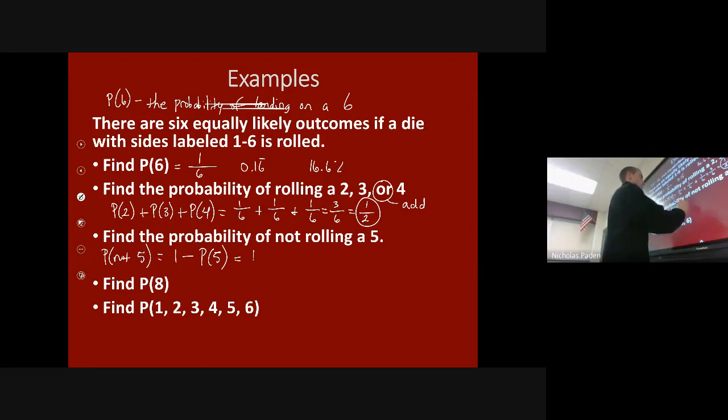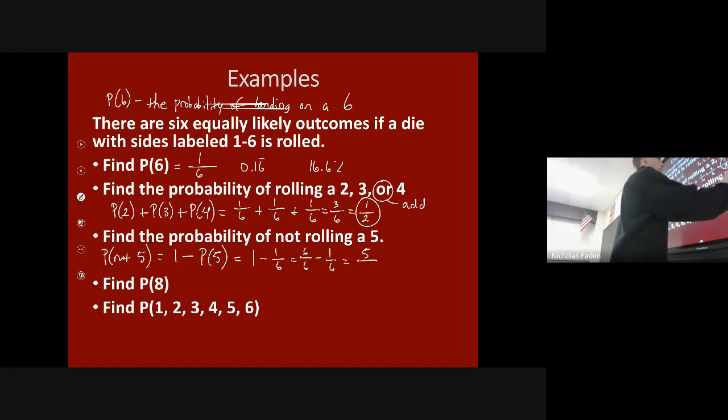So 1 minus, the probability that we roll a 5 is still 1 out of 6. And so 1 minus 1 out of 6, we can change that to 6 over 6 minus 1 over 6, and that gets us 5 over 6.